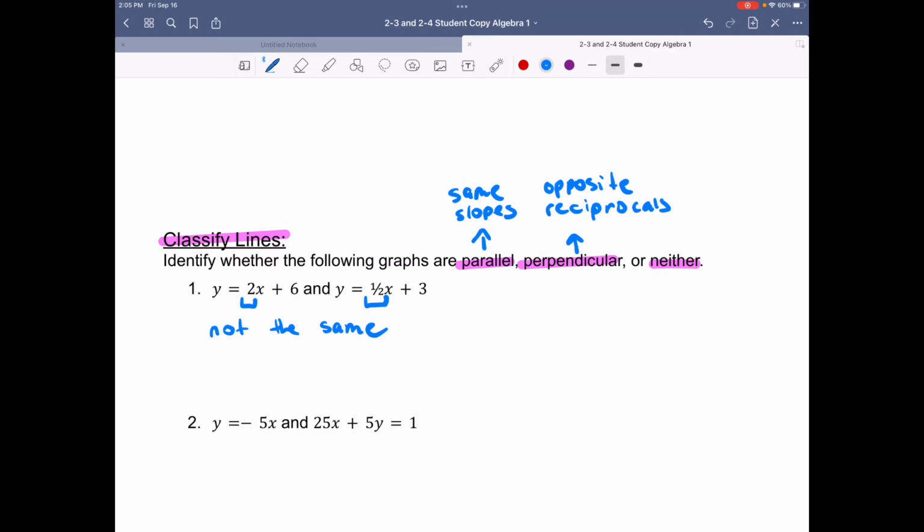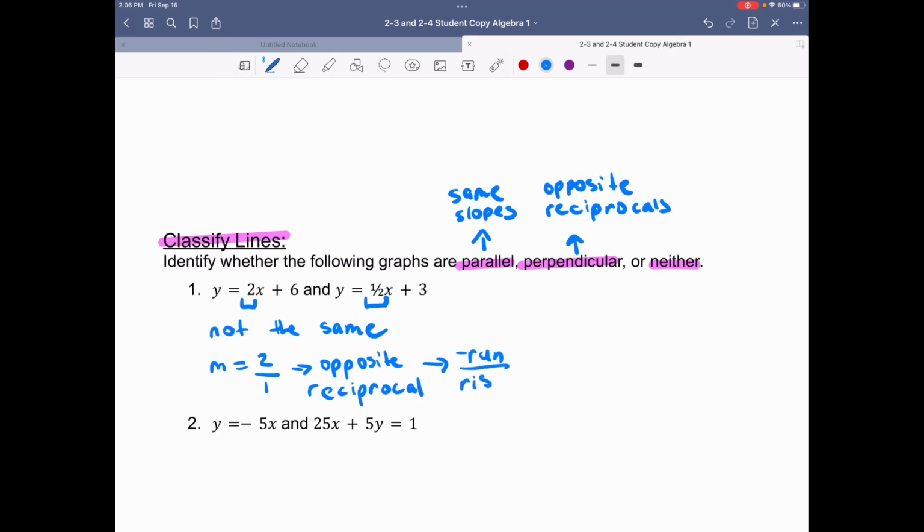And it might look like they're opposite reciprocals, but if we take the m on our first line, which is 2, and we'll just turn that into a fraction, 2 over 1, through the opposite reciprocal process, which is minus run over rise, then we would have minus 1 over 2.